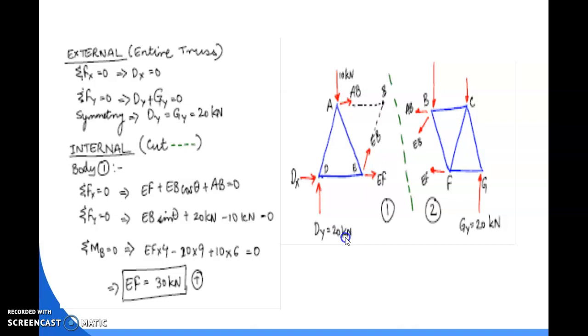Now comes Dy. You can see this Dy covers the distance from here to here. That means it will cover a distance of 9.